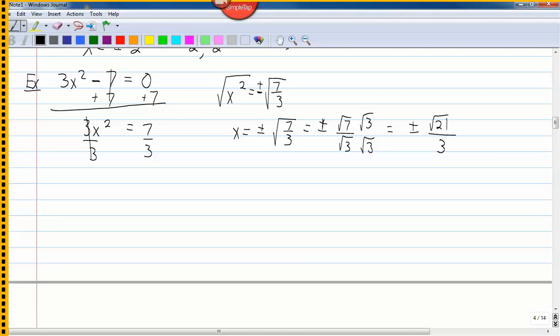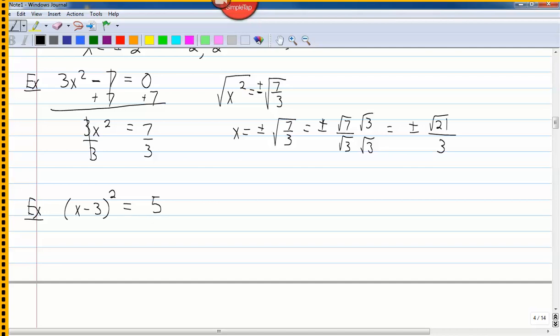Now there's one other type of equation where the square root property comes in handy. And that's if you have an equation like this: x minus 3 squared, say, equals 5. So you have one side of the equation that is a perfect square.